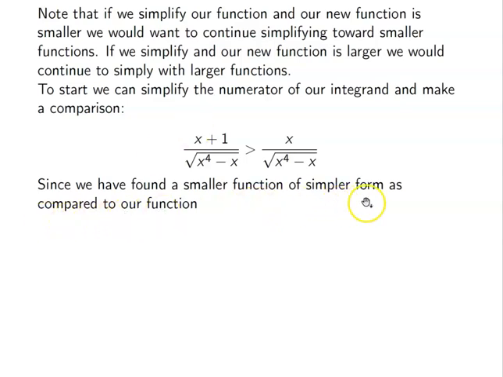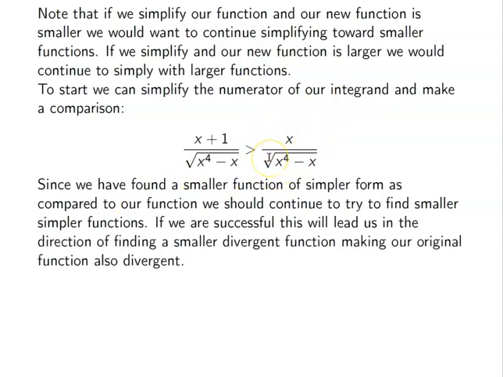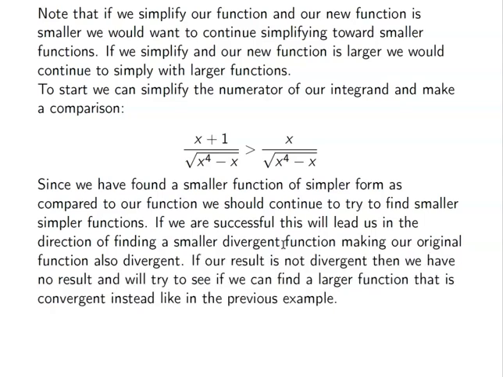So since we found a smaller function of simpler form as compared to our function, we should continue to try to find smaller, simpler functions from the one we just simplified. If we're successful, this will lead us in the direction of finding a smaller divergent function, making our original function also divergent.